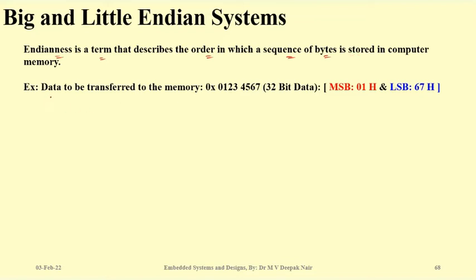For example, assume we have to load the data 0x01234567. This is 32-bit data, and I want to load this into the memory. And we all know that this is the MSB part of the number, and this is the LSB of the number. Clear?